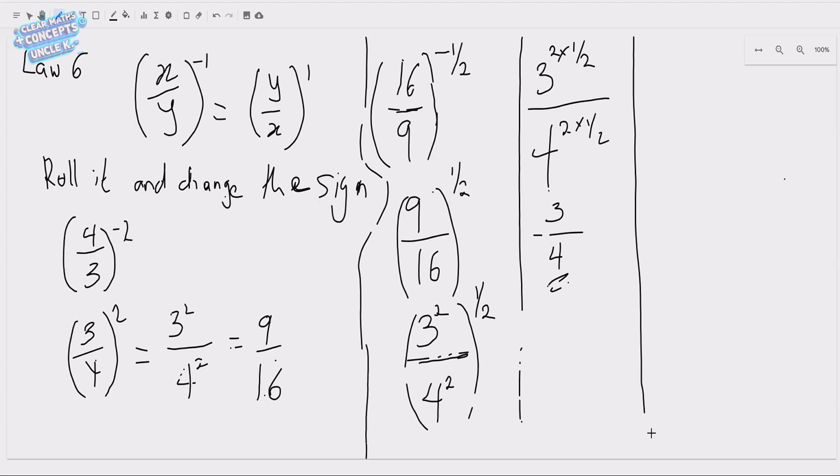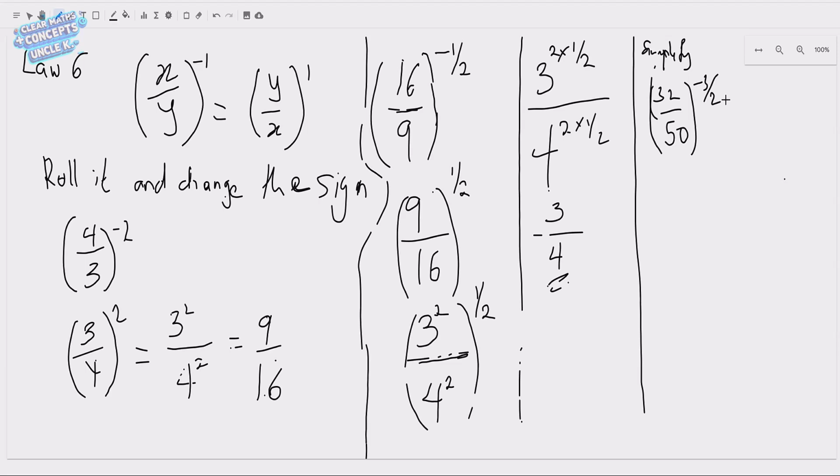So one more on that. Now we have to simplify 32 over 50 raised power of minus 3 over 2. Now if you look at this question, it's a bit tricky.